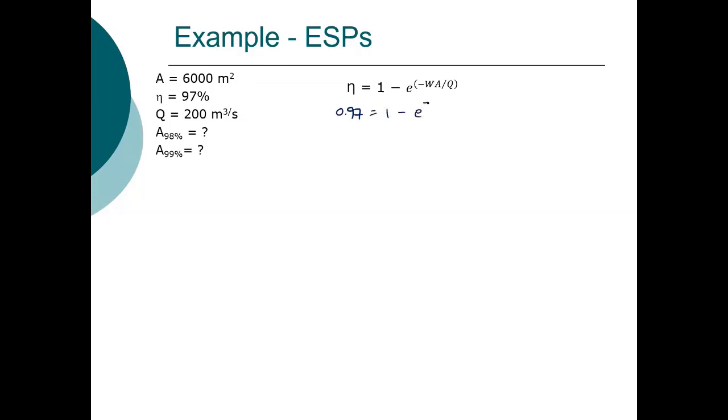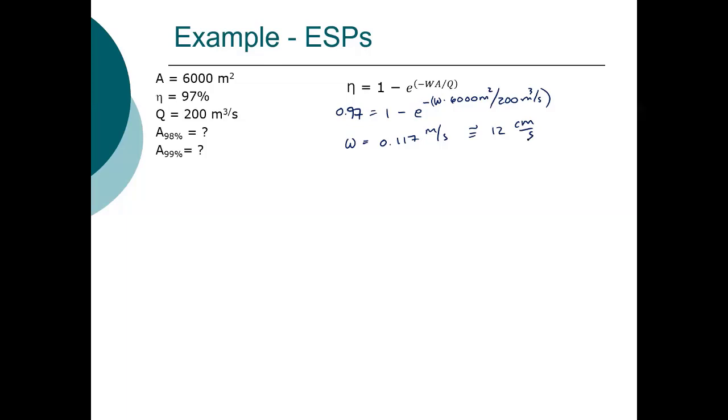Now we don't know the drift velocity, but we know the area is 6,000 meters squared and the flow rate is 200 meters cubed per second. So we can calculate the drift velocity, and that drift velocity is 0.117 meters per second, or approximately 12 centimeters per second.